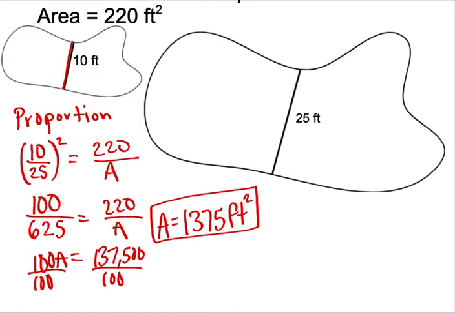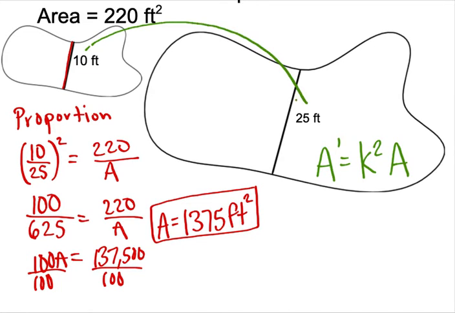Okay, that's how you would do it with proportions. This can also be done with direct variation. With direct variation, the new area is equal to the scale factor squared times the old area. We just need to find the scale factor.